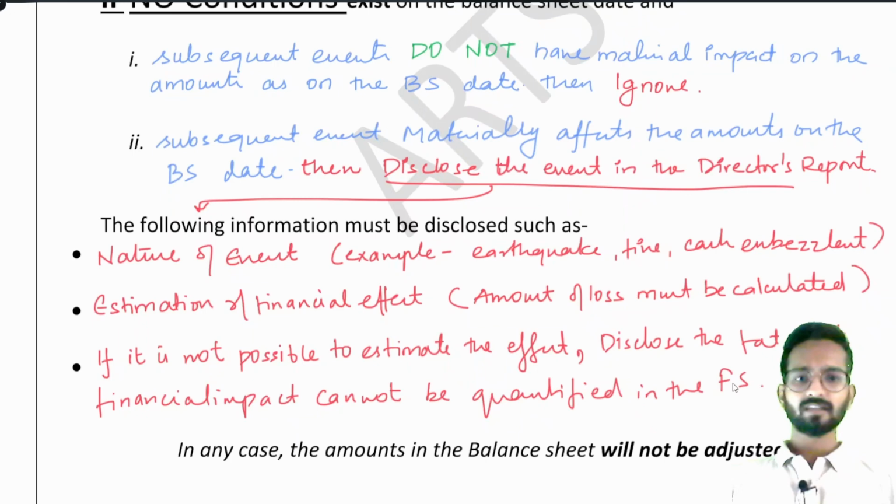We can just tell our shareholders that we need more time to quantify. It was not possible for us to quantify.